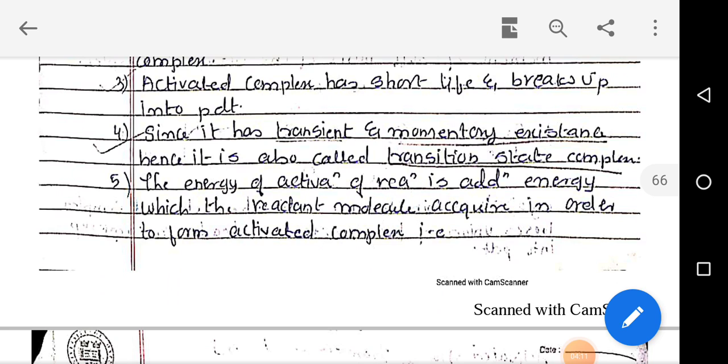The activated complex has a short life and breaks up into the products. It converts directly in a fraction of a second, because it is at the highest top level of energy. We know that as the amount of energy increases, stability decreases.